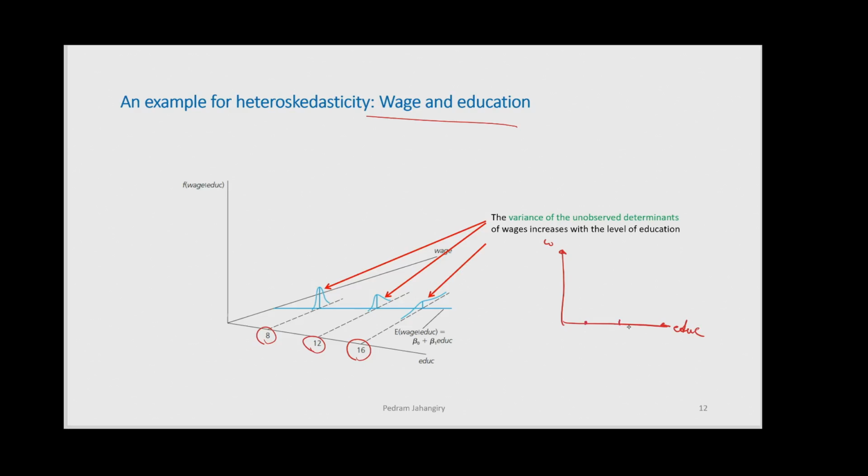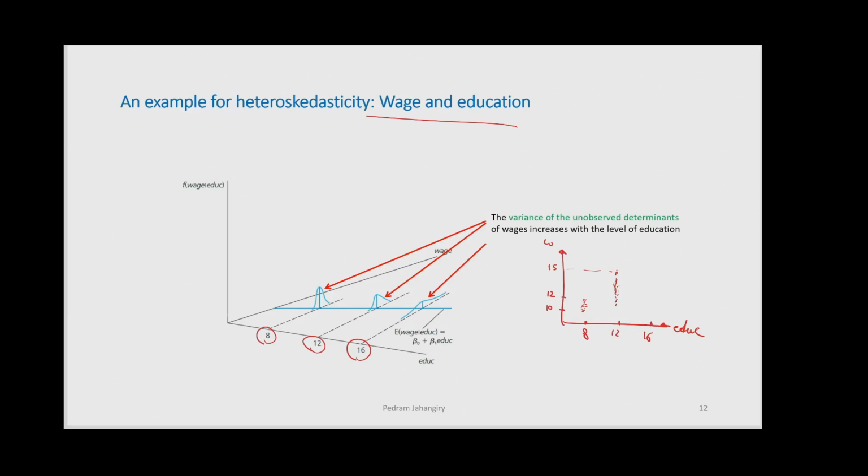So for 8 years of education, maybe most of them are minimum earners, so the wage is going to be maybe between $10 per hour and maybe $12 per hour. If the education is higher, maybe the variance is going to be higher, maybe from $11 to, let's say, 15.